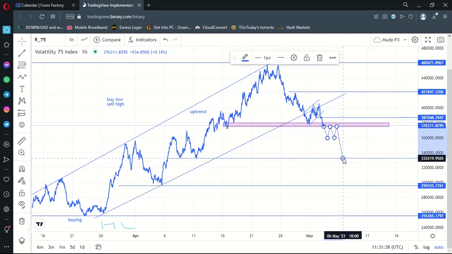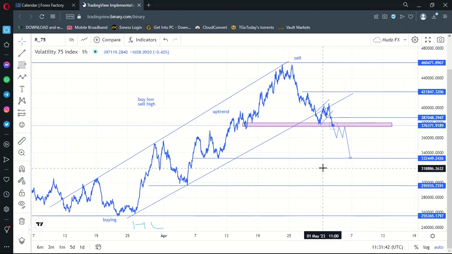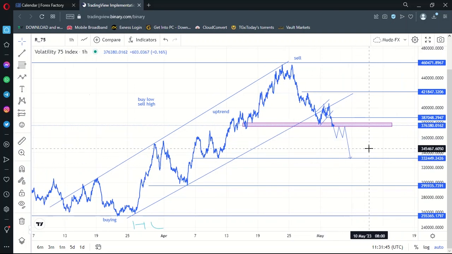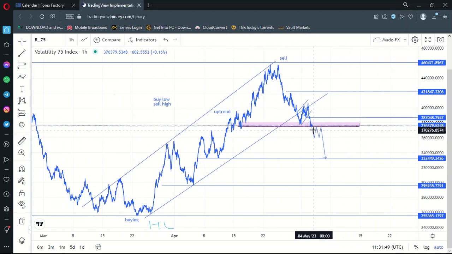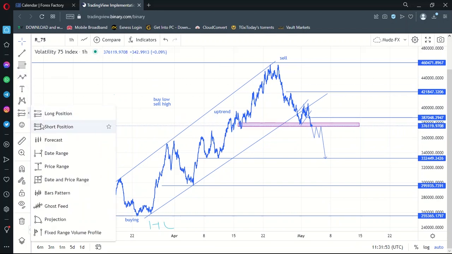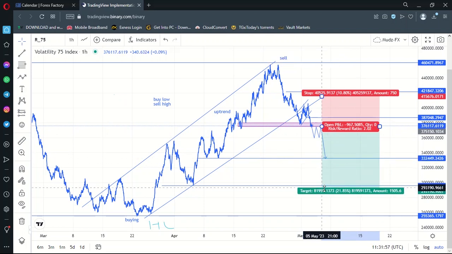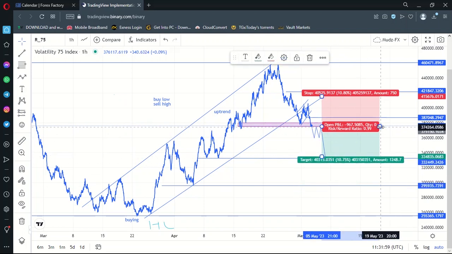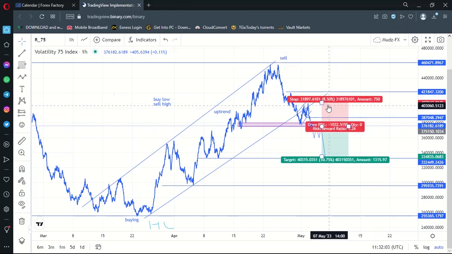That's gonna be my first target. So if it breaks there, I'm gonna sell. If I sell, I'm gonna sell up to that first target, the first support that I'm looking at.